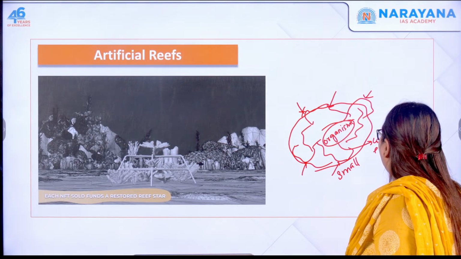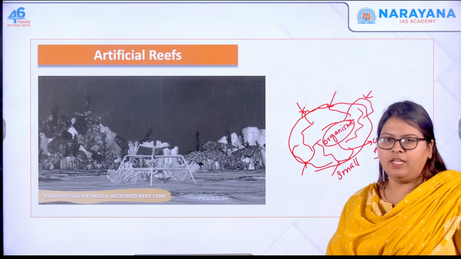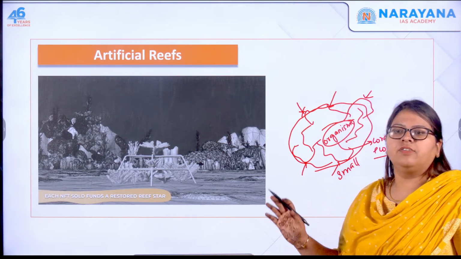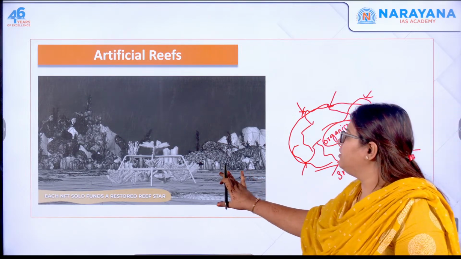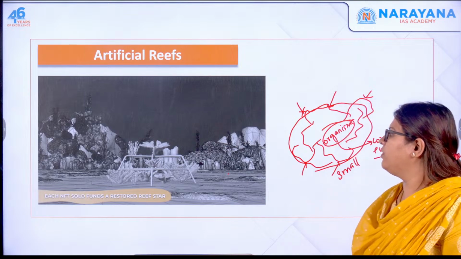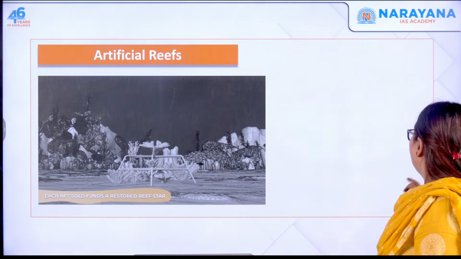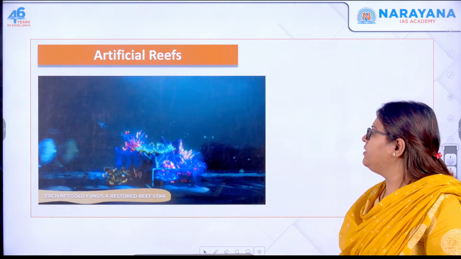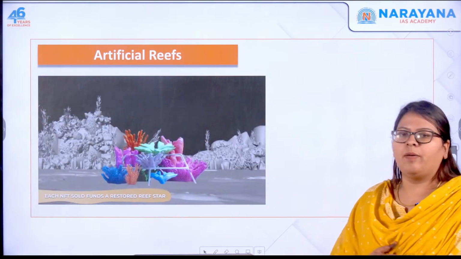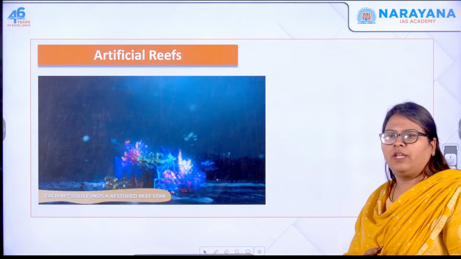So, this will mimic the original coral reefs. This is what has been done on the Rameshwaram coast. If you see this once again, you can see the GIF. Let us stop this and see this again. This is how it is introduced, and slowly it will be inhabited by marine organisms.